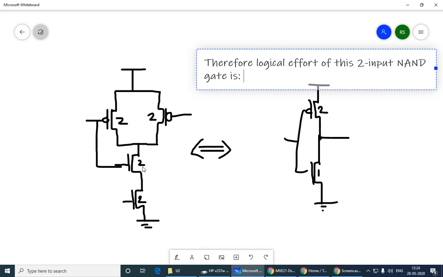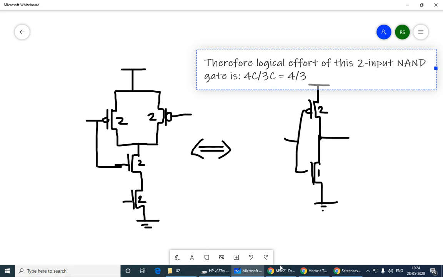That is 2 plus 2 is 4C divided by, it's a ratio, the input capacitance of my gate to the input capacitance of the equivalent inverter. In this case, the equivalent inverter is this, and the input capacitance of this is 2 plus 1 is 3C. So it is equal to 4 by 3. This is the logical effort of this two input NAND gate.